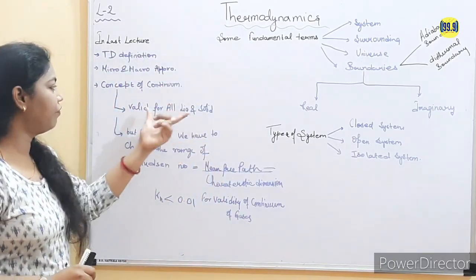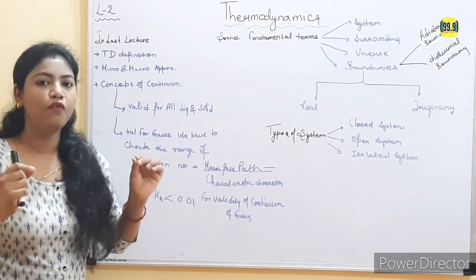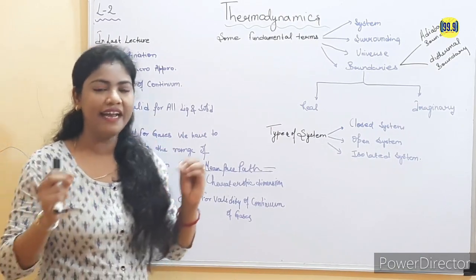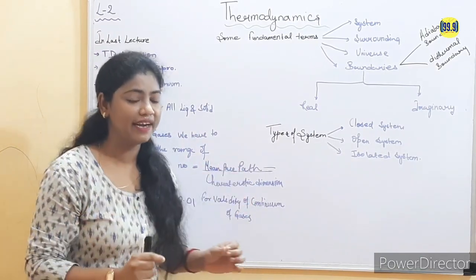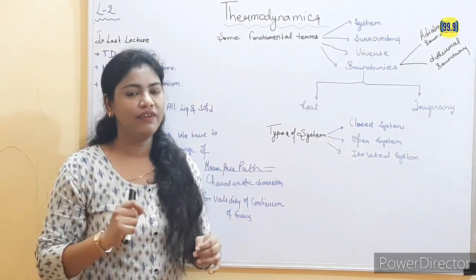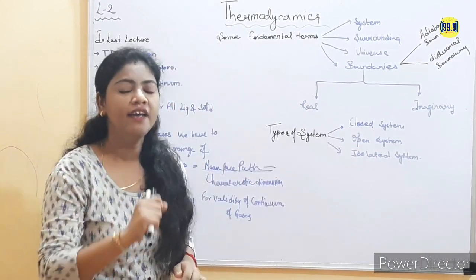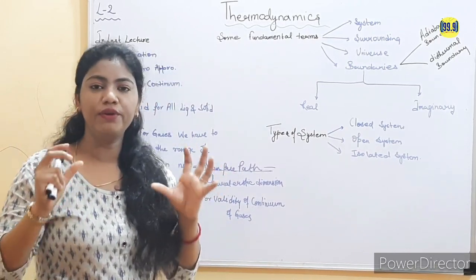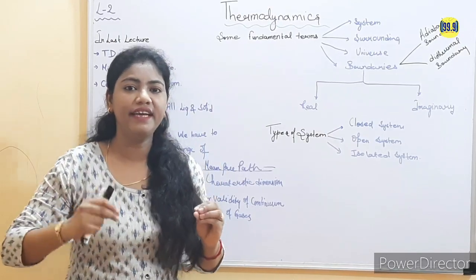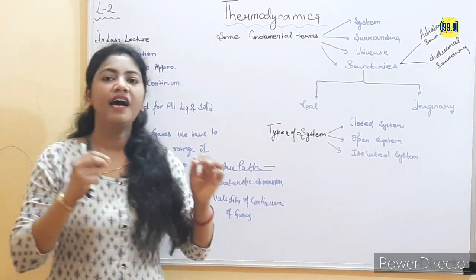In the case of all liquids and solids, the concept of continuum is valid. But in the case of gases, the concept of continuum is not valid. Why? Because the molecules of gases move very randomly and have very high velocity, moving from one position to another.